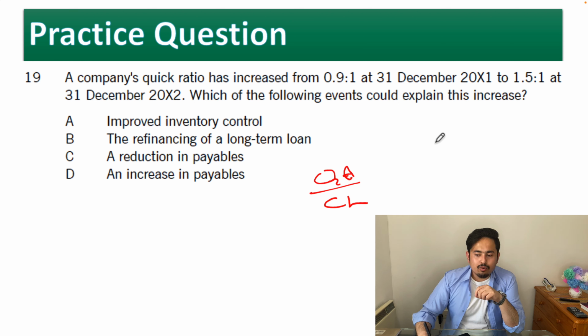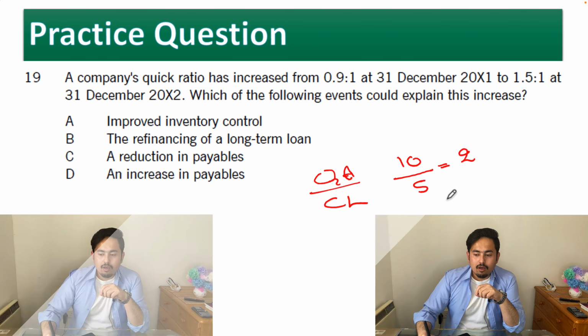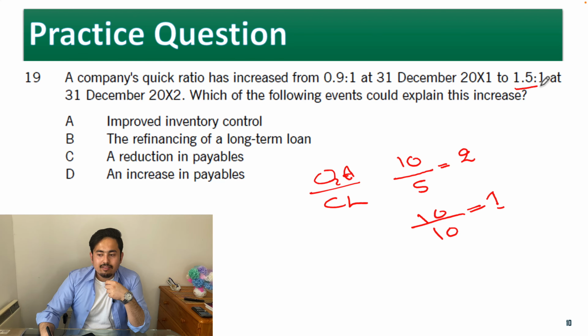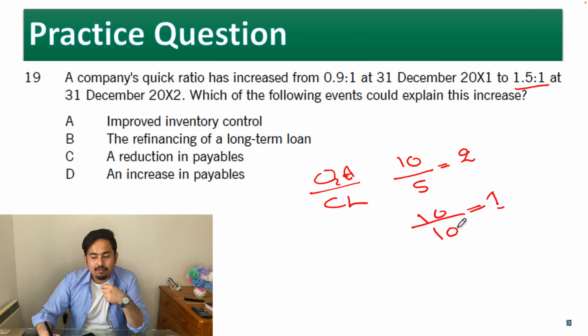For example, suppose a company has $10 of quick assets with $5 of current liability, the result of the ratio will be 2. But if the company has $10 of current asset and the liability, the payable, increases to 10, the result will decrease. Here if you can see, the result has increased. It means the vice versa: the position of the payable or liability of the company decreased.